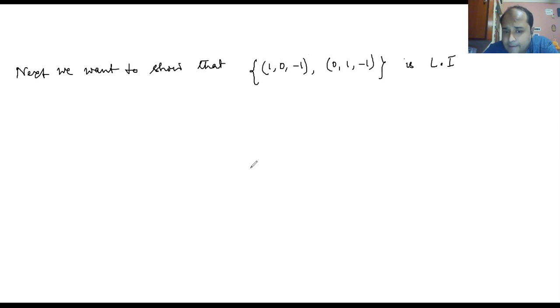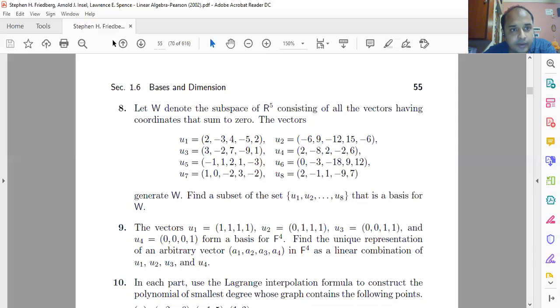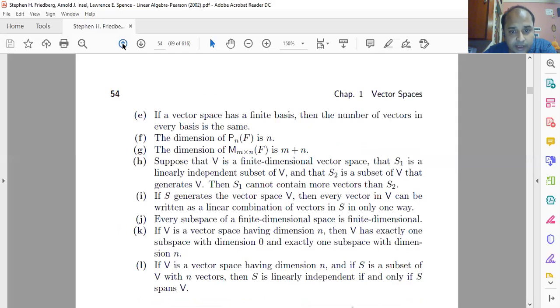Okay, I'm going to stop the current share and show you a result which is there in your book. Let me find the result first of all. It is in the previous chapter.